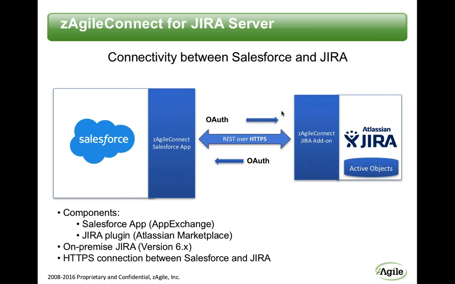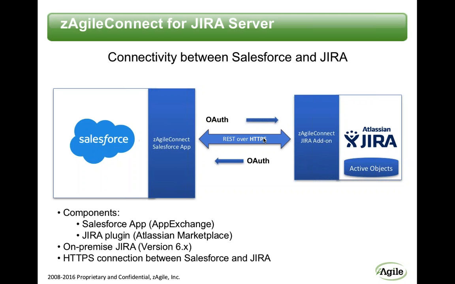And those prerequisites are that your on-premise JIRA, assuming that it's behind a firewall, must be accessible to Salesforce whitelisted IP addresses, which Salesforce publishes a list of those. And it should also allow for HTTPS connectivity using SSL certificate that comes from a Salesforce approved certificate authority.